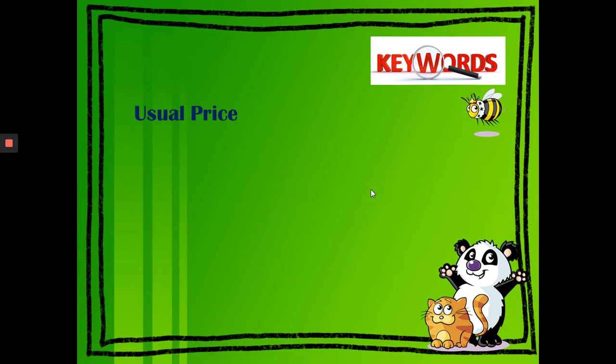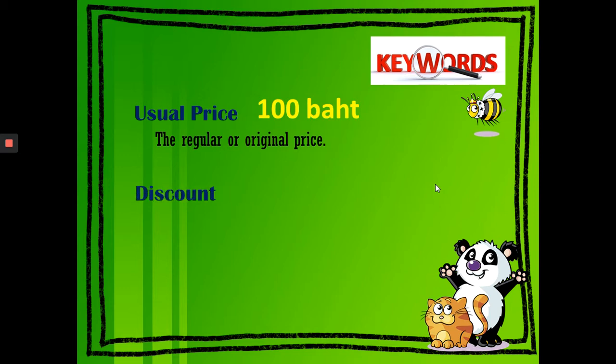price. The usual price is the regular or the original price of the product. Like for example, a cake, you want to buy a cake and it costs 100 baht. That is the usual price of that cake. All right. So the discount, this is the deduction from the selling price.